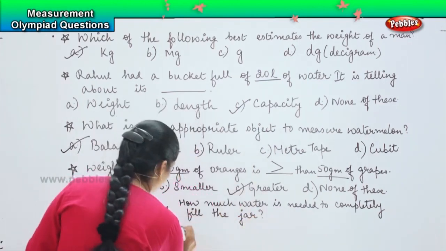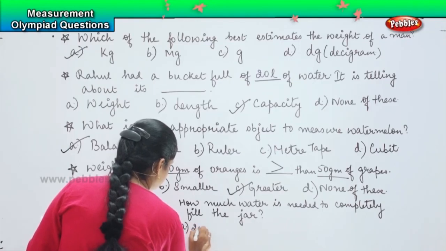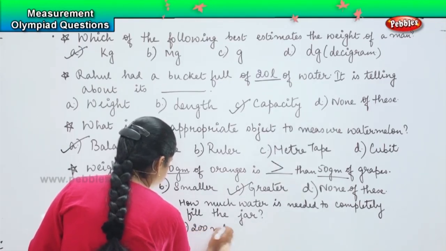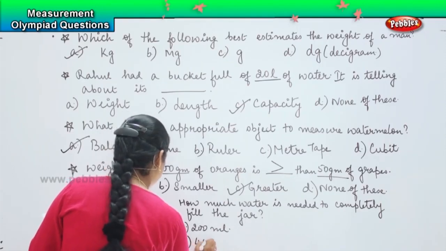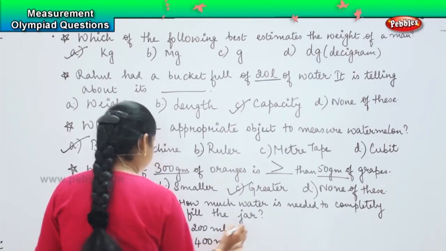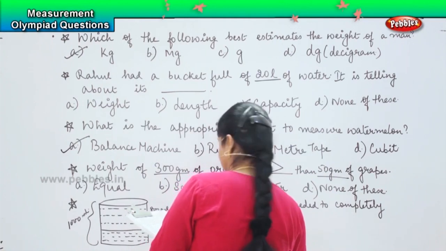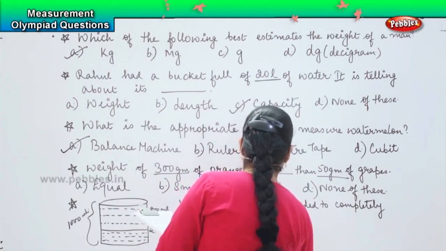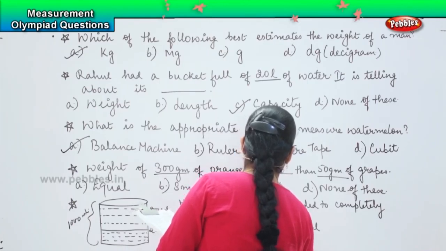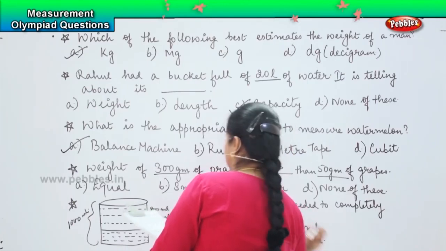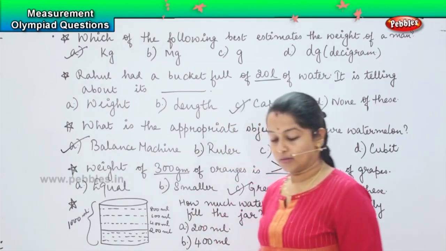Okay. Your options are A, 200 milliliter, option B, 400 milliliter, option C, 600 milliliter, option D, 800 milliliter. Okay.